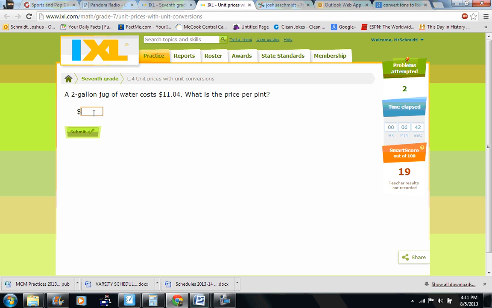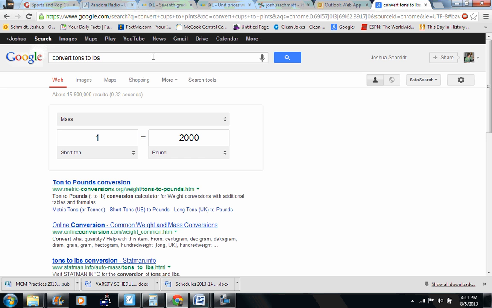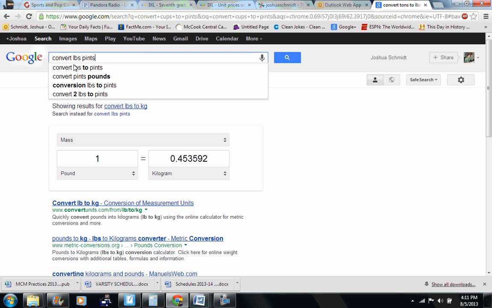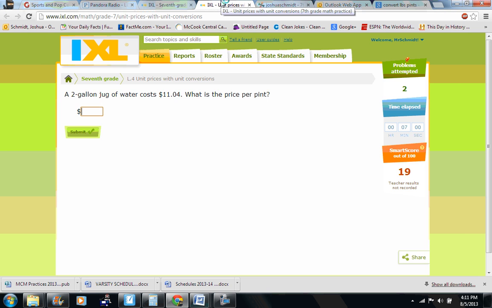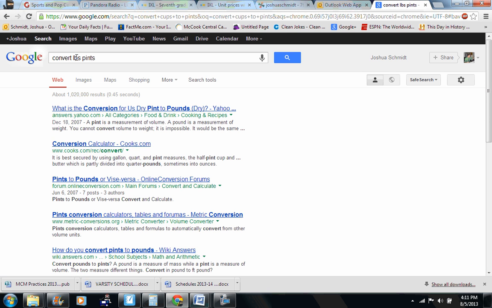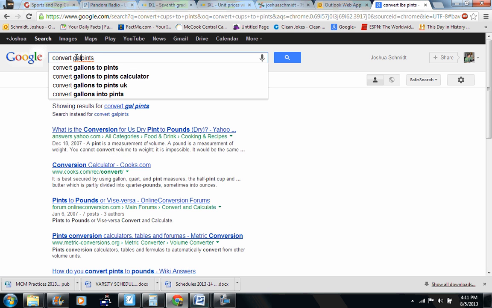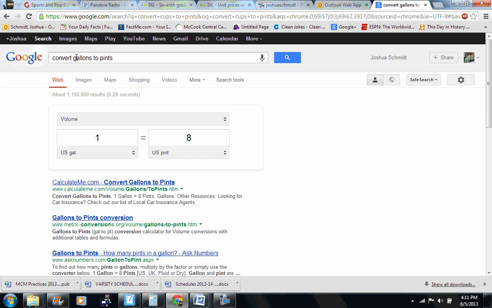I'll do one more. A 2-gallon jug of water costs $11.04. What is the price per pint? So I need to know how many pints. Not pounds, gallons. Gallons to pints.